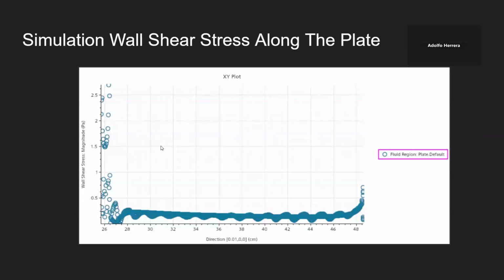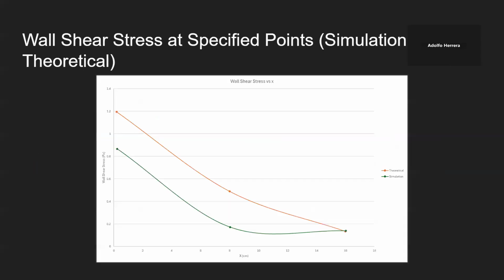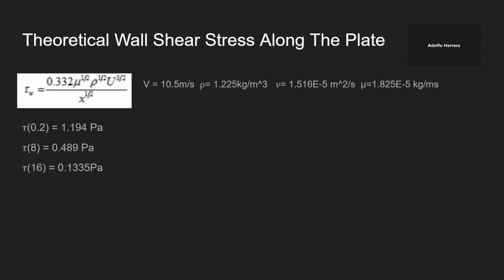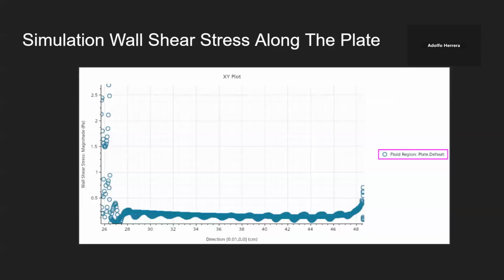Now moving on to part D, which is essentially wall shear stress along the plate. This plot I got from STAR. I compared the two results. But essentially across the plate, this data is not useless, but it's not really representative.